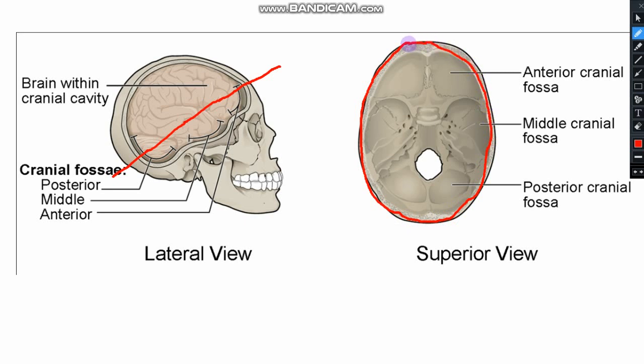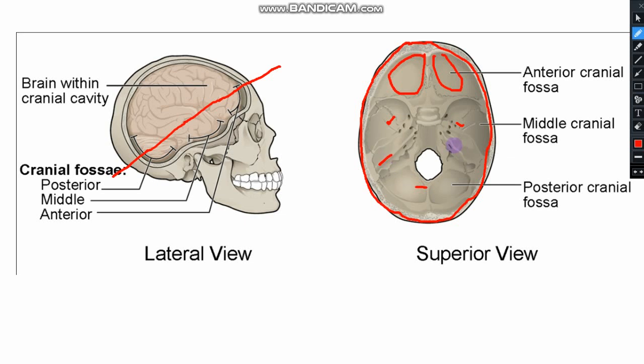This cranial cavity which we see in the superior view forms the floor of the cranial cavity, and the floor is uneven. You can see lots of depressions here, and the elevations also.